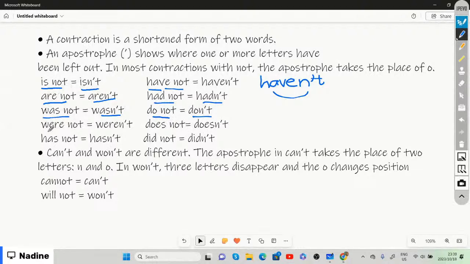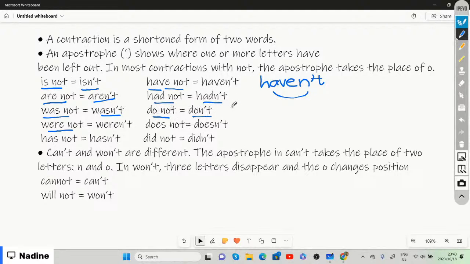And we have were not, right? So we were not at the soccer practice. So instead of saying we were not at soccer practice, you can say we weren't at soccer practice, right? So instead of saying, for example, do not, don't, right?